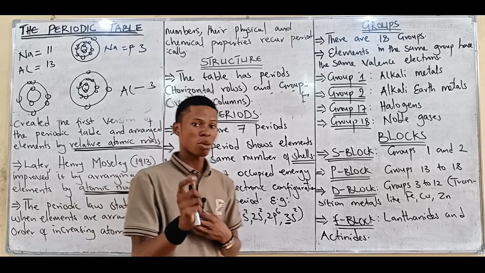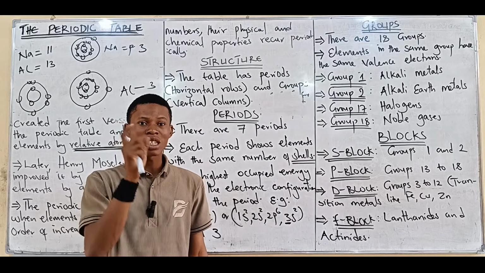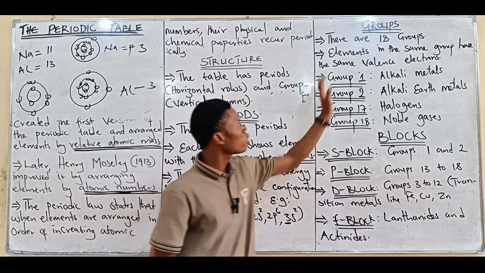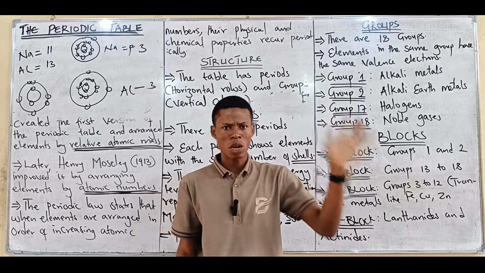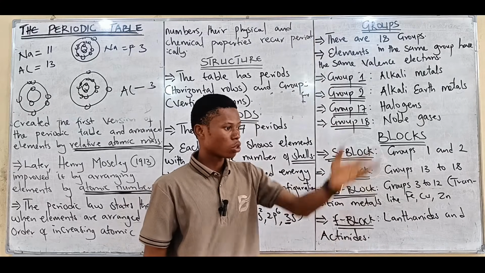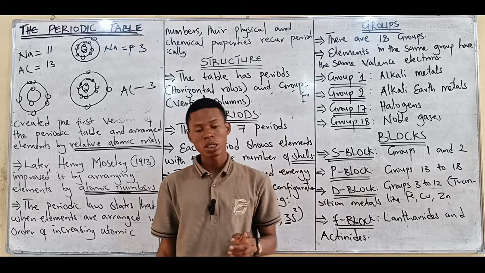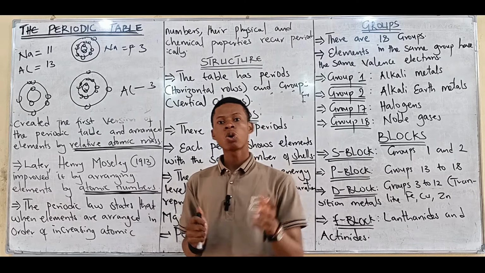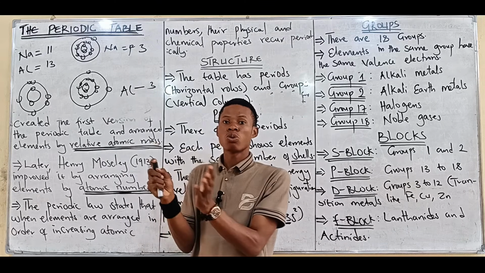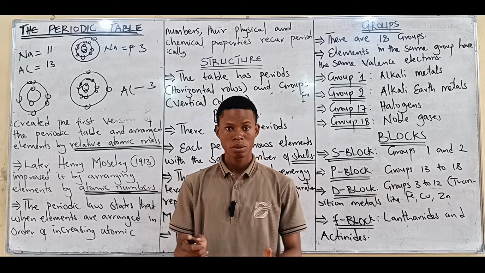Take note, it is very important that what determines the period, elements in the period, is the number of shells. Now, coming to the groups, remember, are they vertical or horizontal? They are vertical, right? Group 1, group 2, like that. Now, there are 18 groups in the periodic table. Take note, because old classification, like old textbooks and old scheme, says there are 8, which is still correct.